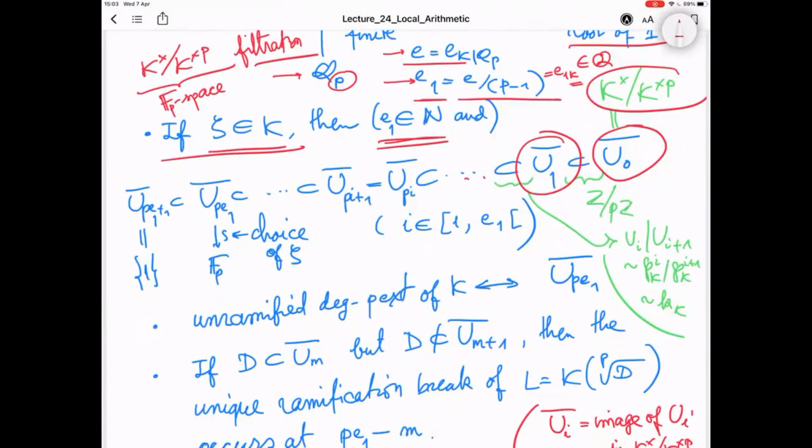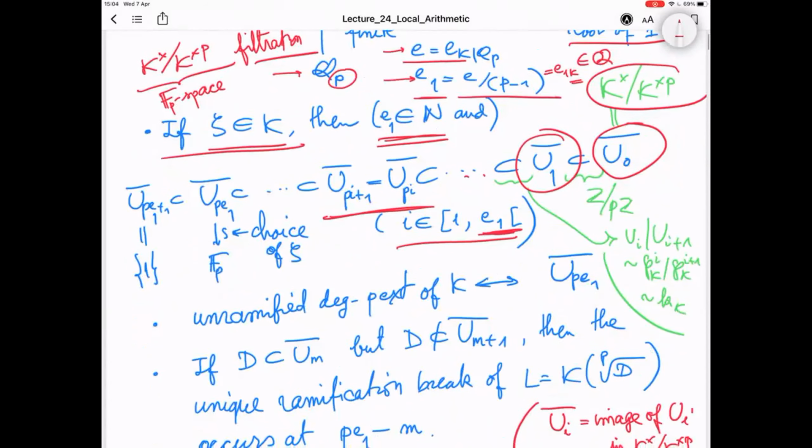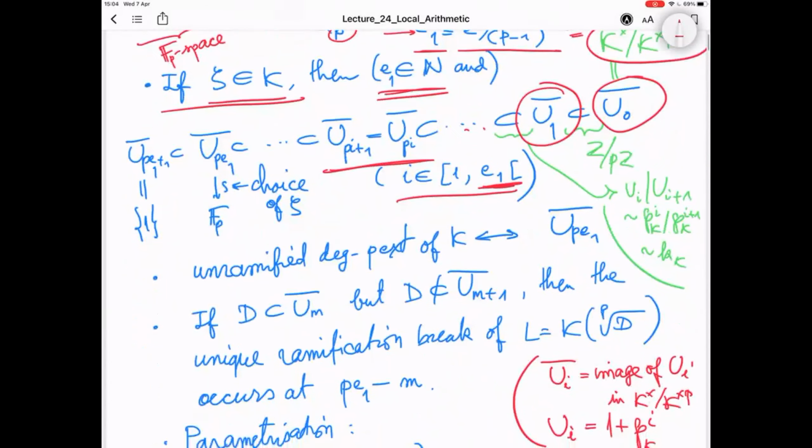What we had proved was that U_{pi} bar is the same as U_{pi+1} bar for every i going from 1 to e1 minus 1. But when i is equal to e1, I don't have equality here.